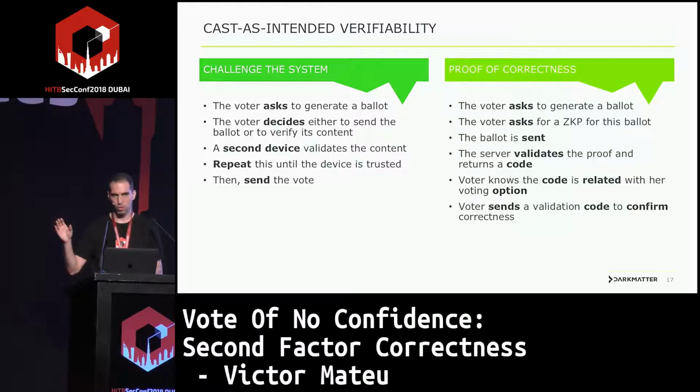The other approach goes for the message validation. Basically, in this case, what you do is that you ask your voting device to generate the ballot, and then you ask the voting device to compute a zero-knowledge proof, which basically stands for the candidate, but keeps the candidate secret. With these 2 pieces of information, you can send the ballot and the zero-knowledge proof to the server, and from the zero-knowledge proof, the server is able to compute a code.